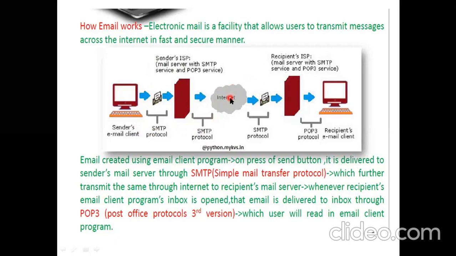TCP/IP will handle your mail and hand it over to SMTP, which gives it to its destination mail server. From there, whenever the system is on and connected to the internet, the mail will be delivered to the machine.